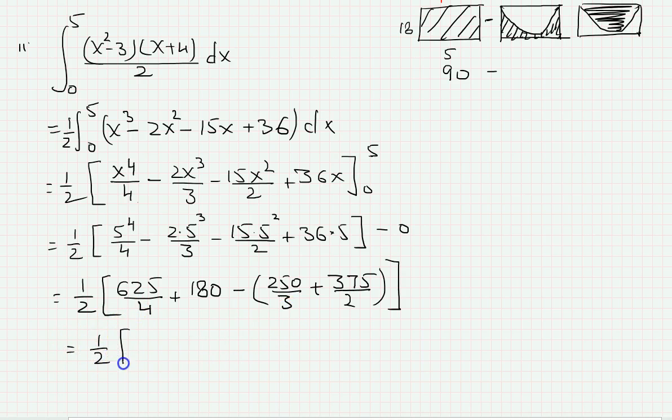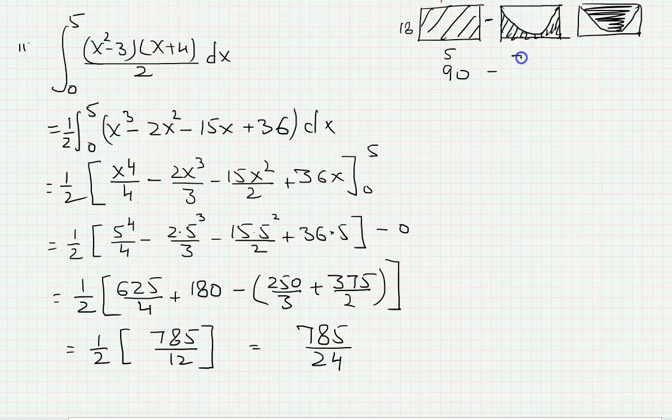So this is half, that is, if you calculate it will come 785 over 12. So that is 785 over 24.